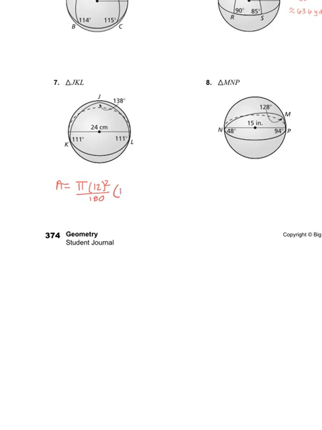So I'm going to do 111 plus 111 plus 138 minus 180. And whenever I plug that into the calculator, I get that my area is approximately 452.4 centimeters squared.